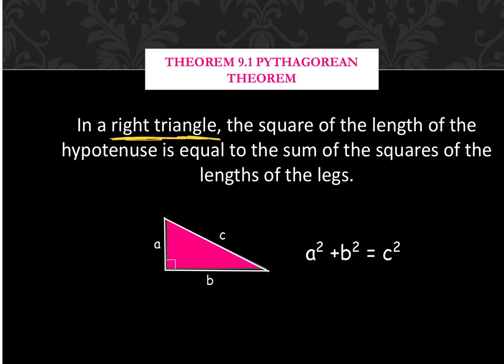The square of the length of the hypotenuse is equal to the sum of the squares of the lengths of the legs. So in this case, we've got a squared plus b squared, which are both of the legs, and that is equal to c squared. Make sure you label that A and B are your legs and C is your hypotenuse.